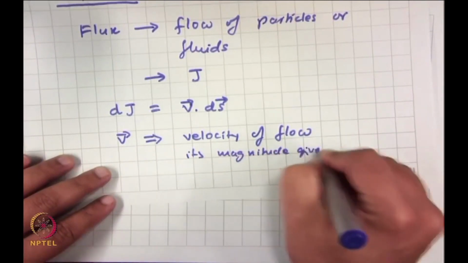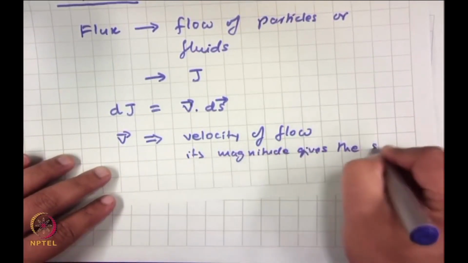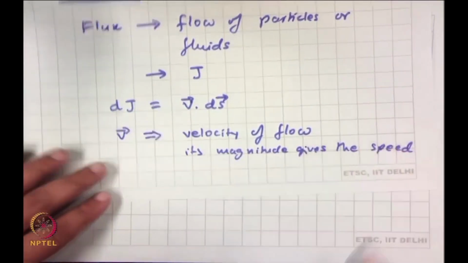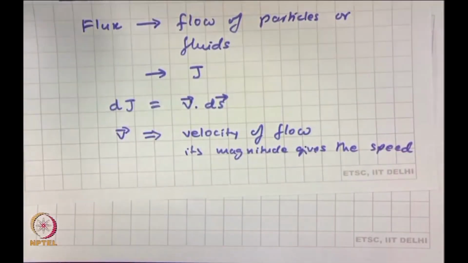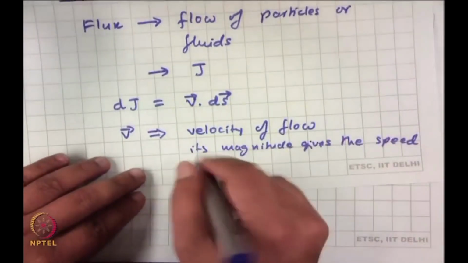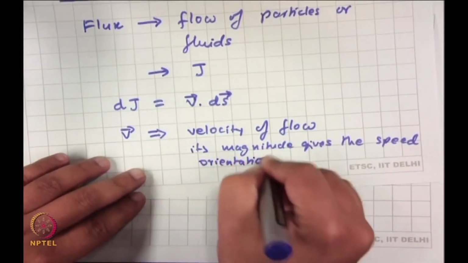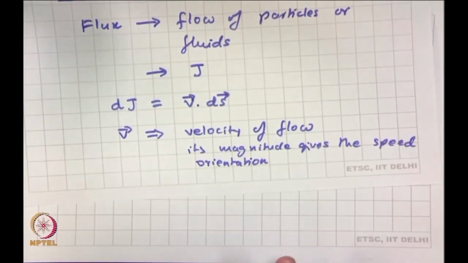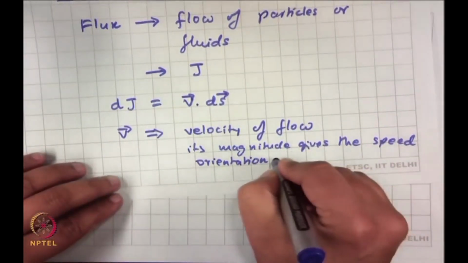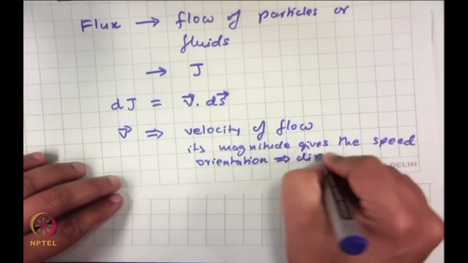gives you the speed, right. And then the other thing is its orientation. So, orientation will give you the direction of flow.